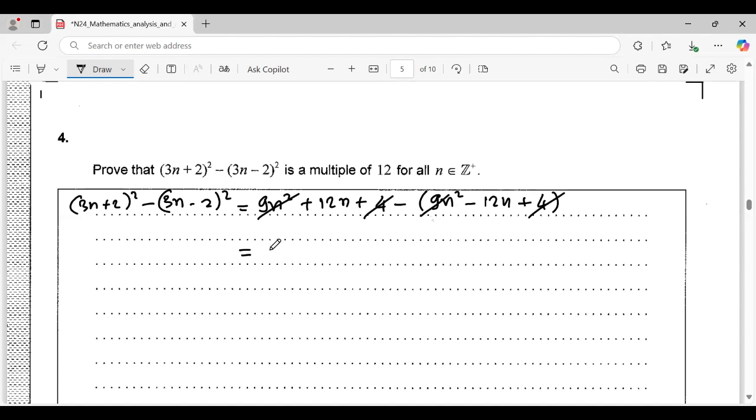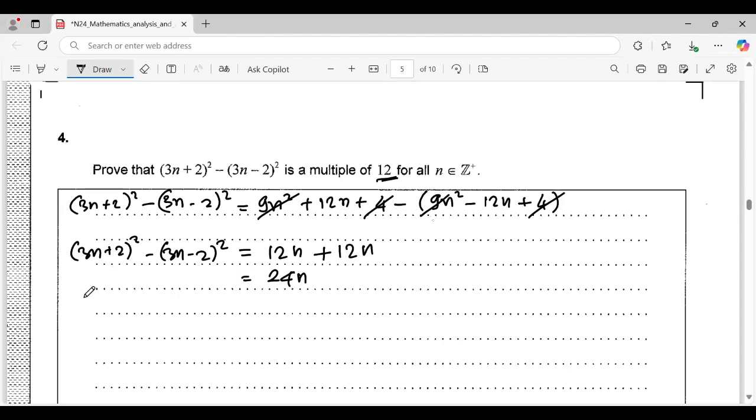So it is 12n plus 12n. If you look at the result, 12n plus 12n is equal to 24n, which is a multiple of 12.